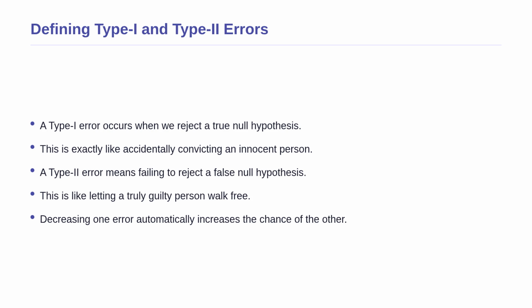Second, we could fail to reject the null hypothesis when it is actually false. This is a type 2 error, which is like letting a guilty person walk free because there was not quite enough evidence. You cannot completely eliminate both mistakes. If you make it extremely hard to convict anyone, you will automatically let more guilty people go free.